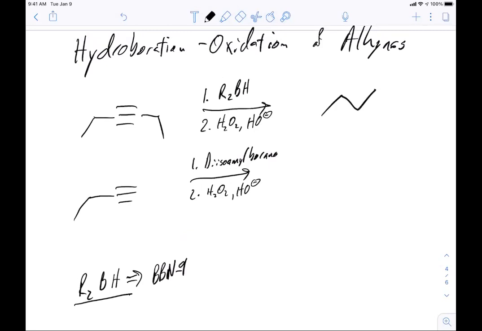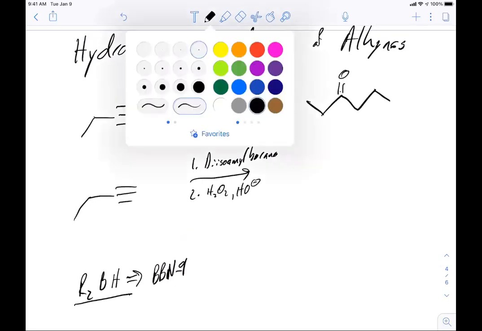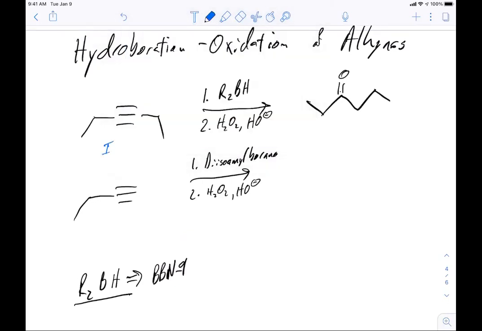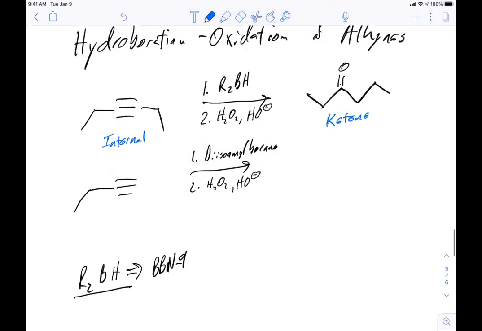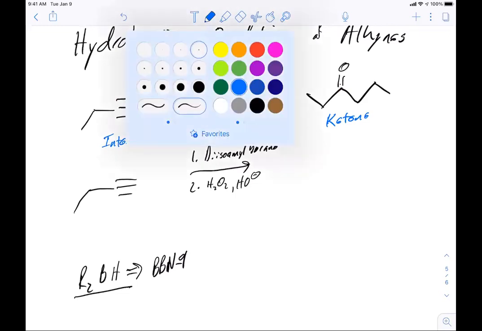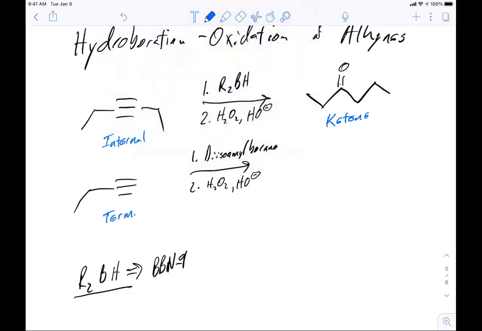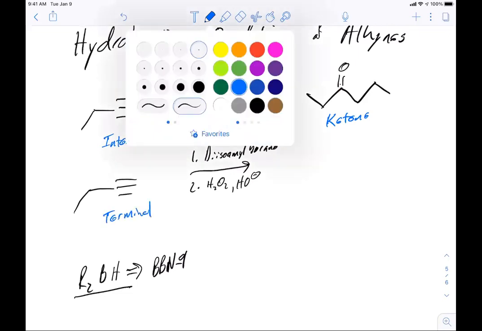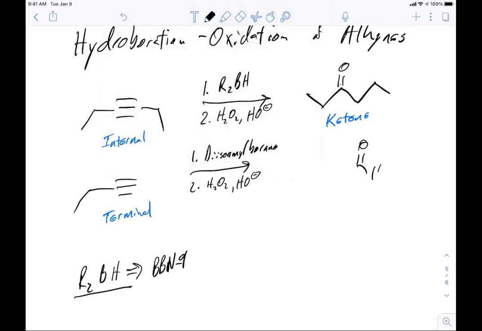For the internal, we still end up with a ketone. Okay, we have two possible positions where it could react, this position and that position. And both of those would result in a ketone formation. When we have a terminal, now we can get an aldehyde.